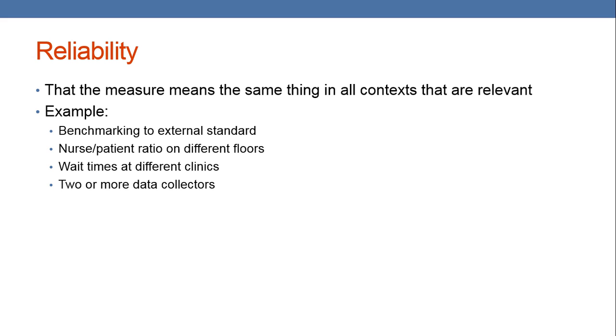Reliability is also very important to benchmarking. I mentioned earlier how difficult it is to get criterion validity between two sites. Reliability touches on something very similar, and that is if you took the same measure in multiple sites, it would measure the same things.